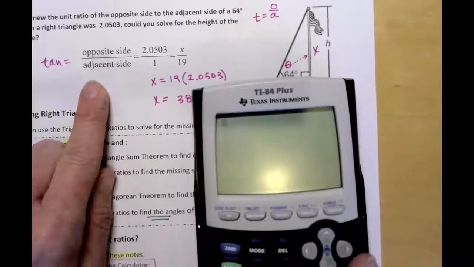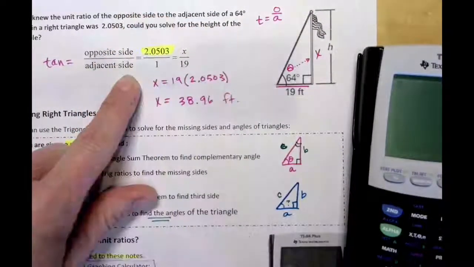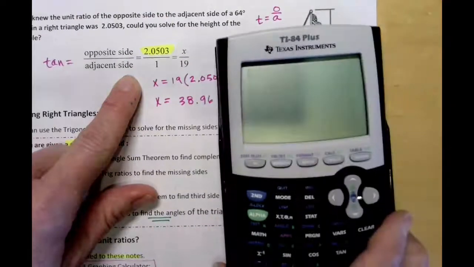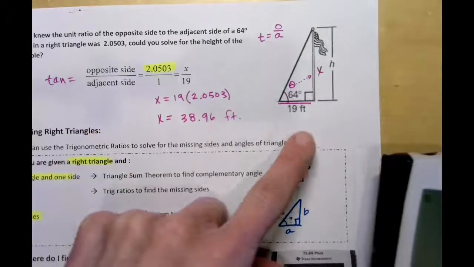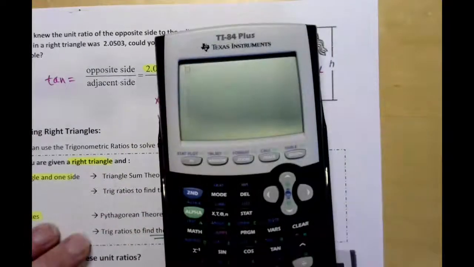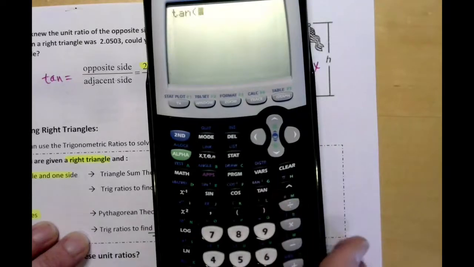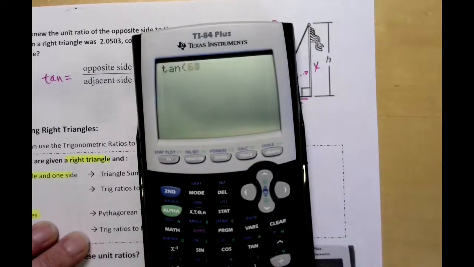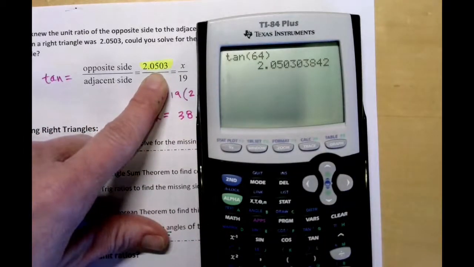If I came up here, instead of getting this ratio from the chart, I can ask the calculator, hey, can you give me the tangent of a 64-degree angle? So I press this button here that says tan, and I tell the calculator it's a 64-degree angle, and it's going to give me the same value that the chart did.